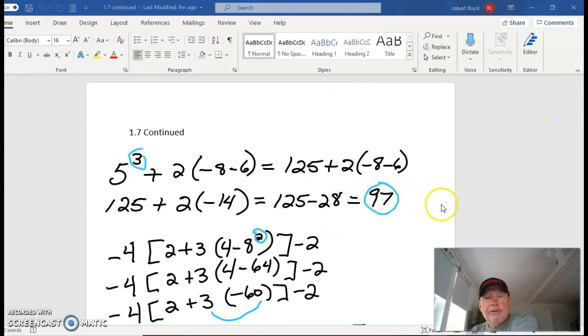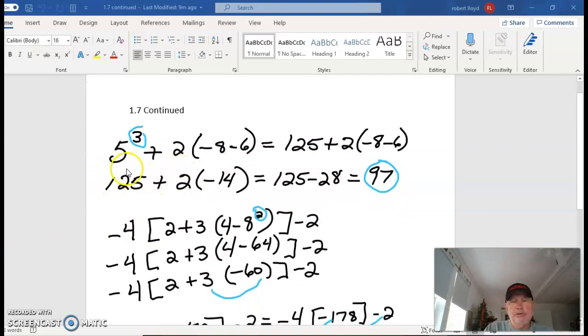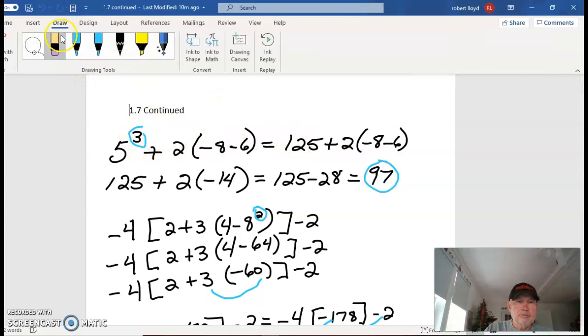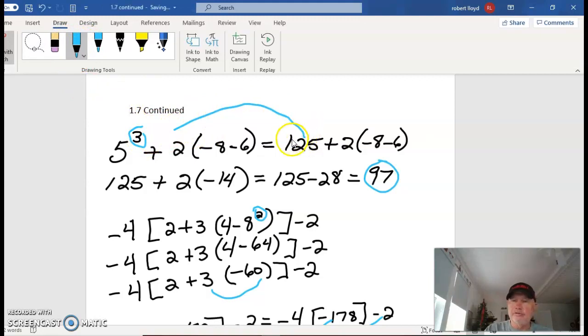Now, moving on, we'll take that order of operations and look at a couple problems. So 5 to the 3rd power plus 2 times the quantity -8, -6 equals, we'll do the exponent first. So our 5 to the 3rd power will become 125 plus 2 times our quantity.